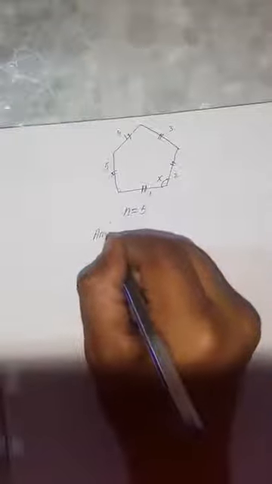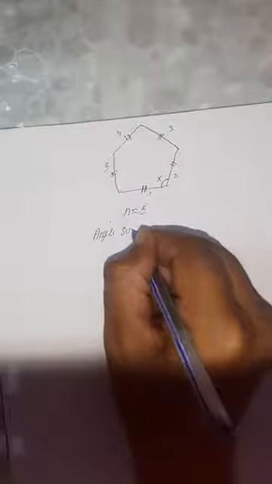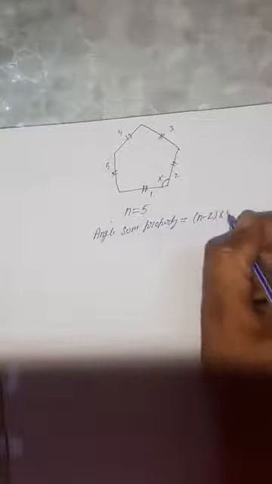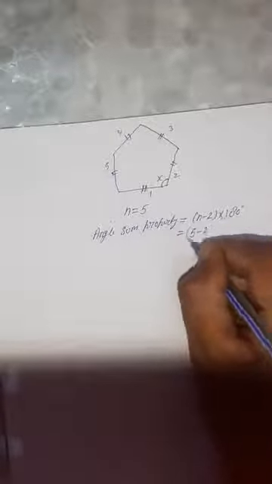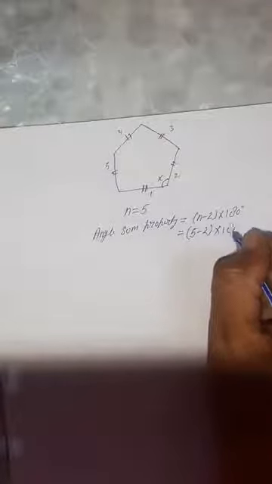Do you know the angle sum property of a polygon? The angle sum is equal to n minus 2 multiplied by 180 degrees, as we have discussed earlier. We have the number of sides as 5, so 5 minus 2 multiplied by 180 degrees.